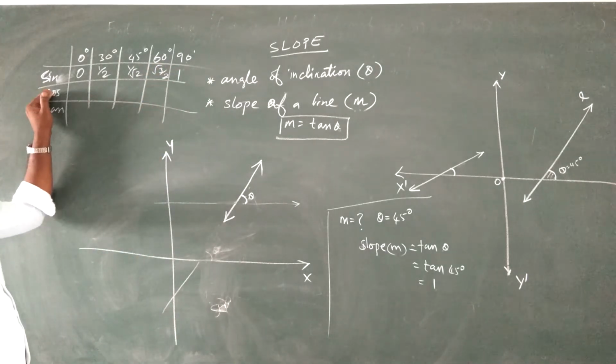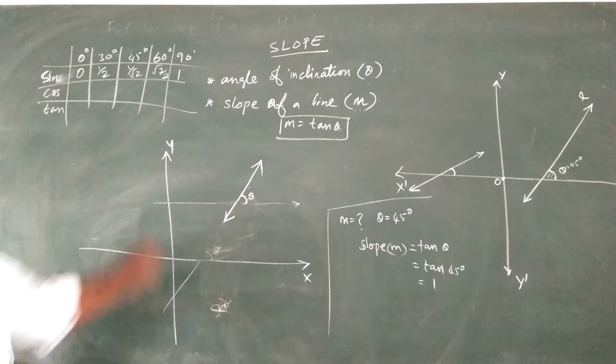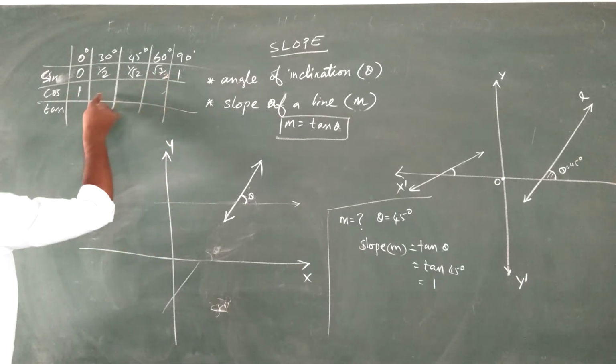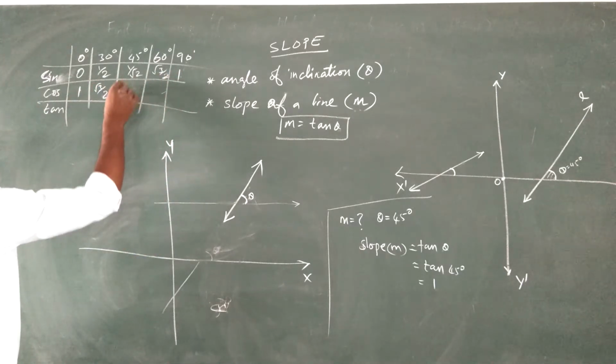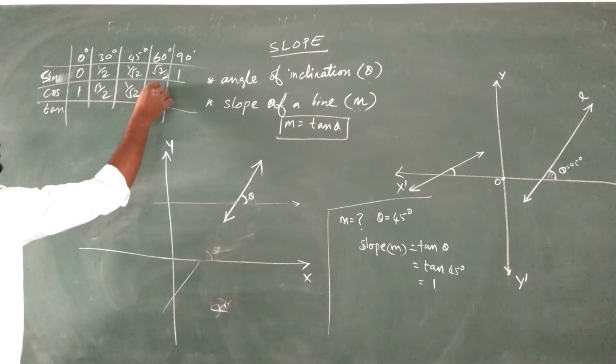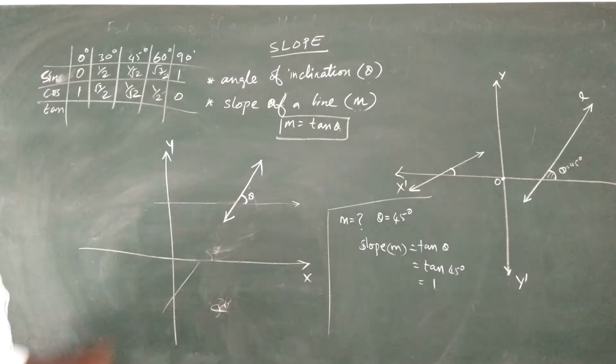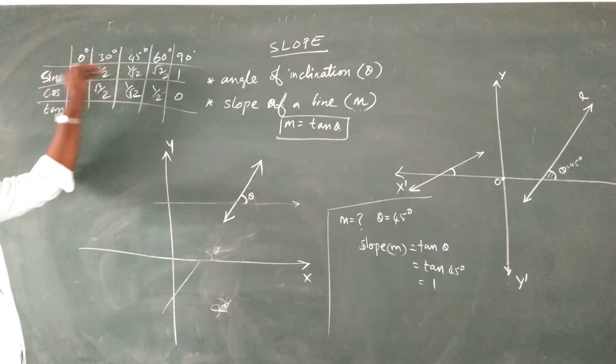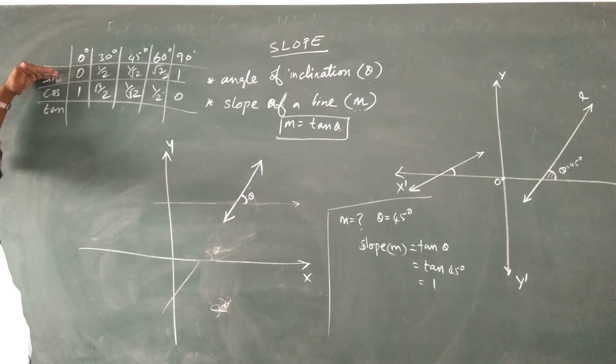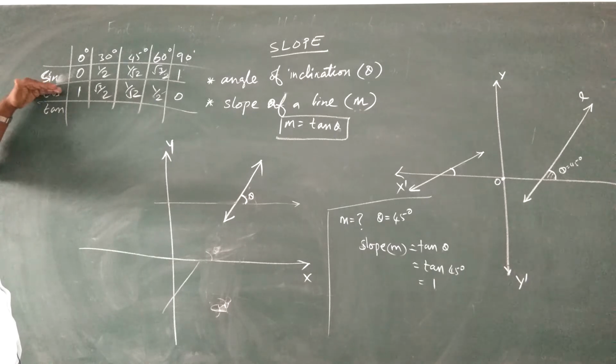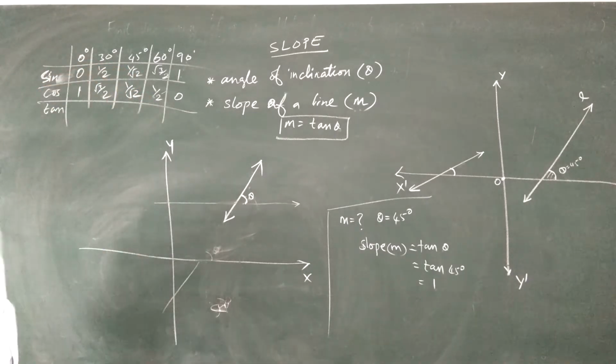Then for cos value we have to write in the reverse order, 1, root 3 by 2, 1 by root 2, 1 by 2, 0. So keep the values for sine, then to find the cos values, you can write in the reverse order.